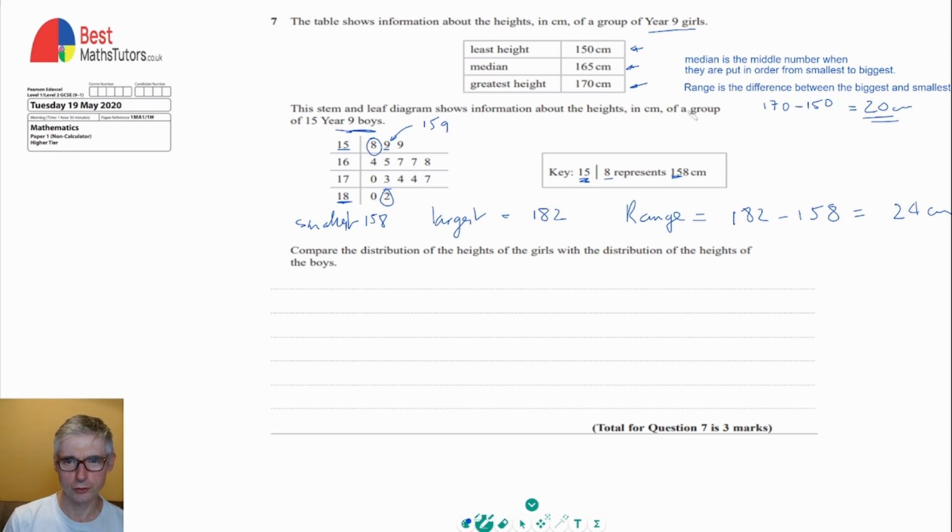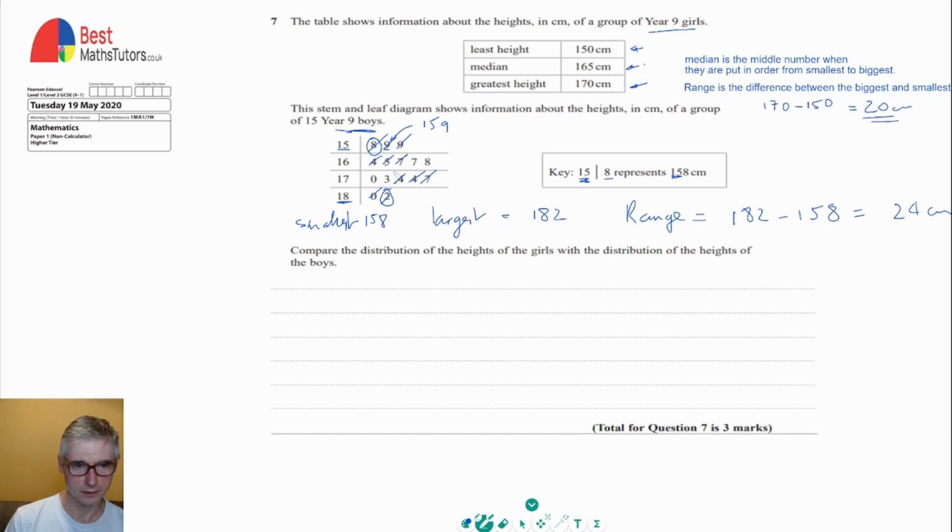And since we've got the median for the girls, the median being 165, we could also do with working out the median for the boys. And handily, because it's in this stem and leaf diagram, we can find the middle one just by crossing off the ones at either end. So if we cross off the smallest and the biggest, and then the next smallest and the next biggest, and keep going and cross them off in pairs, then eventually we'll end up with 1 or 2 numbers in the middle.